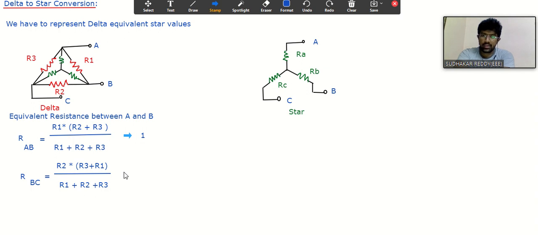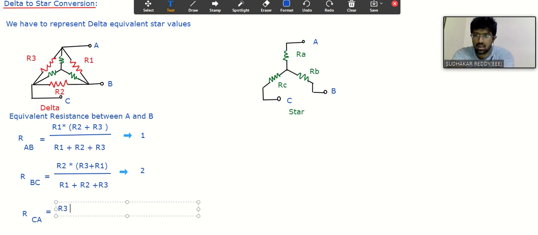Similarly, we need to find the equivalent resistance between the remaining points, and what are they? C and A, right? That is R suffix CA. We are finding the equivalent resistance between the points C and A. So in this case, if you observe the connection, which resistor is in parallel to which resistors? R3 between C and A. R3 is in parallel to R1 plus R2. Yes or no?